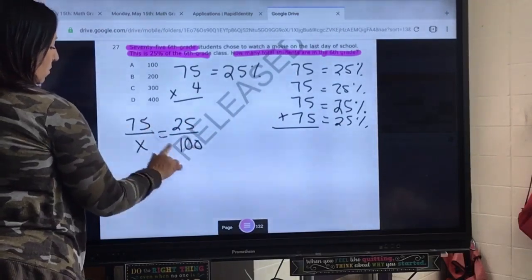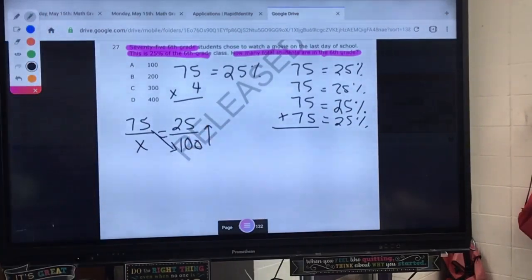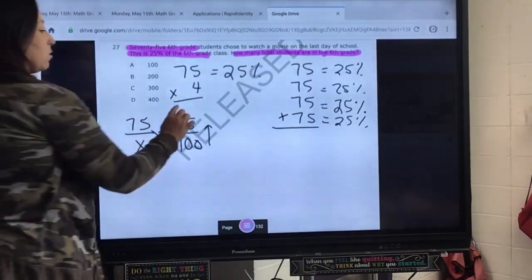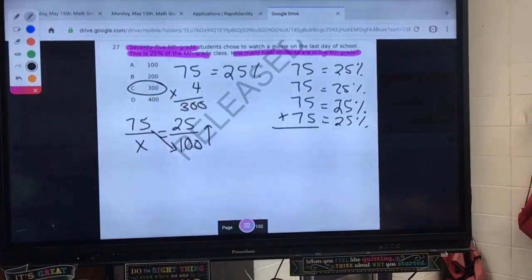You cross multiply and then you divide. So there are multiple different ways to find the answer to this problem. What is our final answer? What is the final answer? 300. So the correct answer is C for this one. Okay?